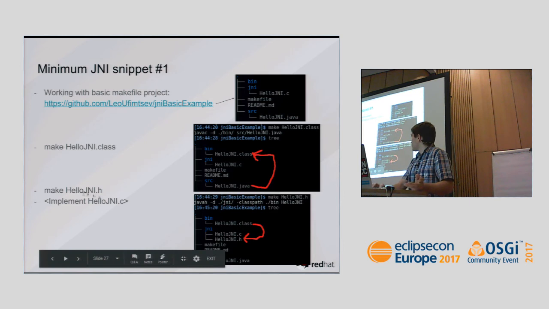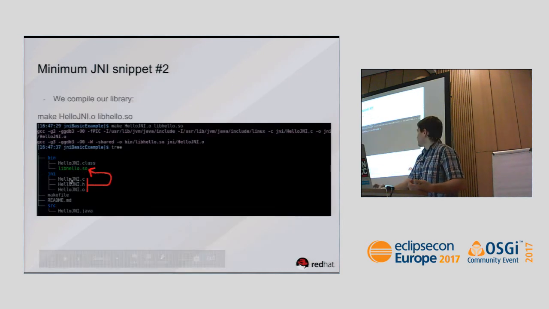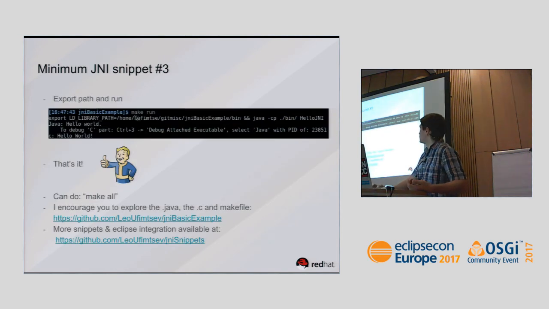Then you use javac to compile your Java class into a header, which will generate those declarations. You yourself then copy that statement from the header into your file and implement it. Then you compile your code into a library, and away you go. You just specify the LD library path where the .so file is located, and you launch Java with your application, and that's it.